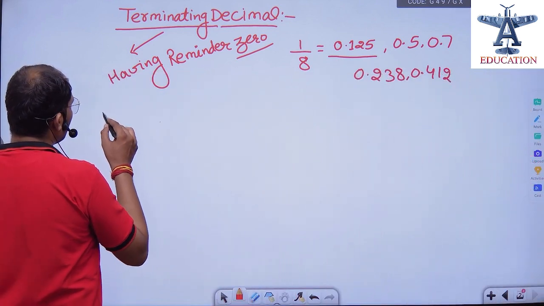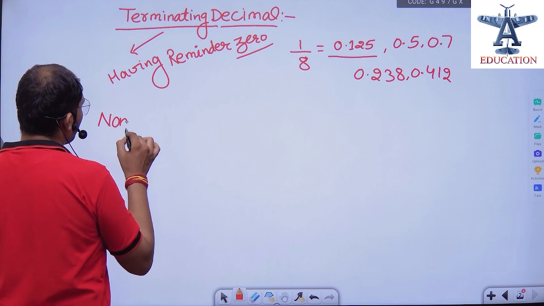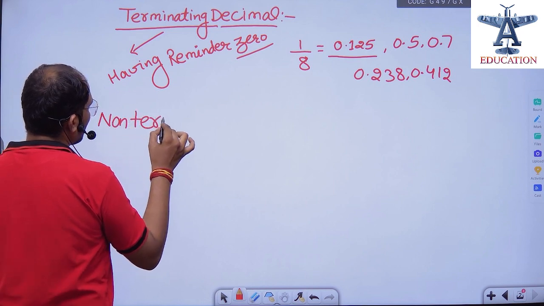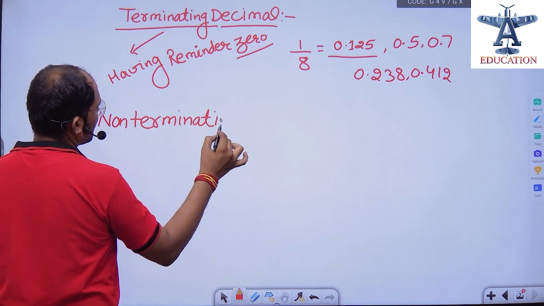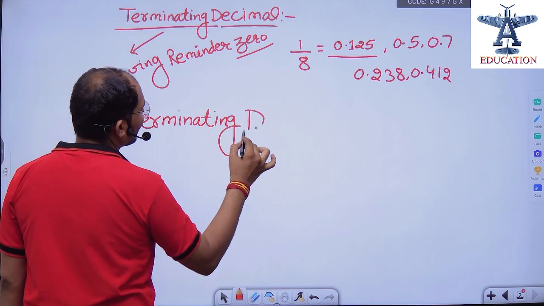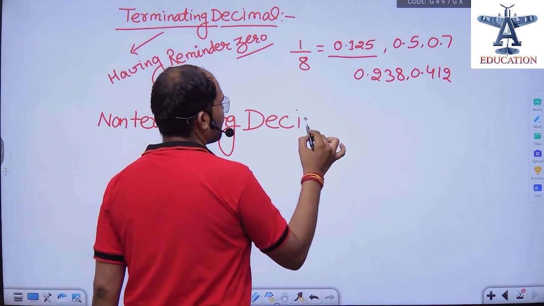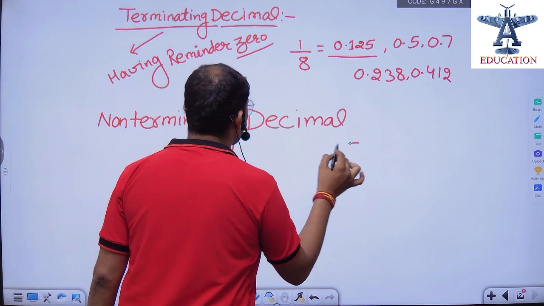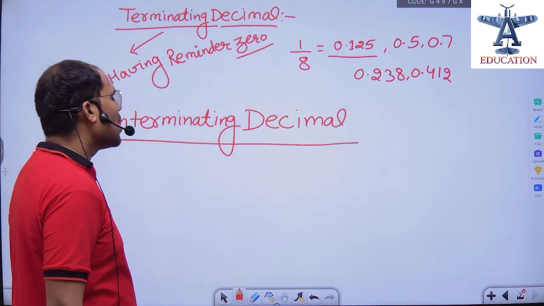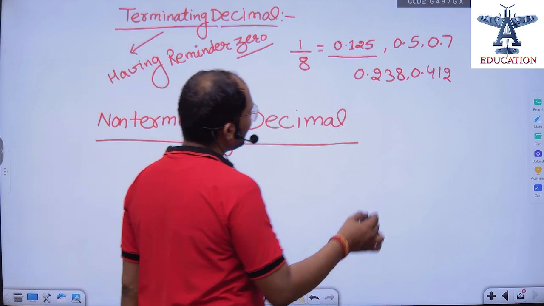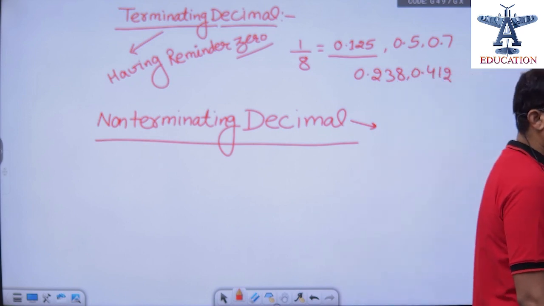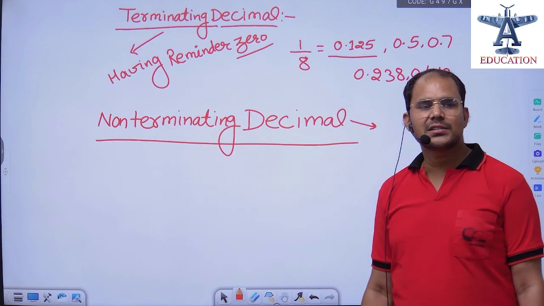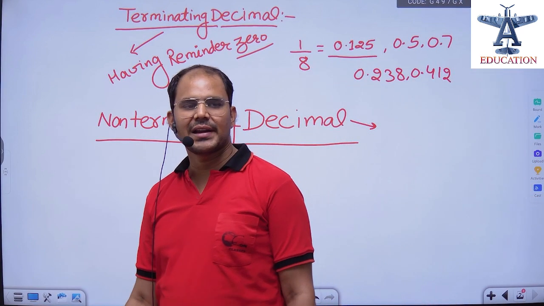Second one is non-terminating decimal. It means if a number is not completely divided or has a remainder, it is known as non-terminating decimal.